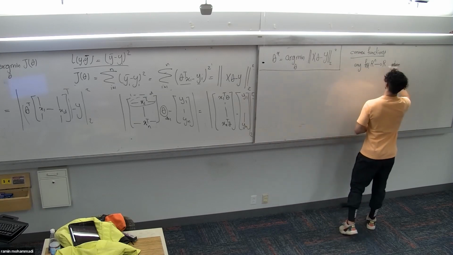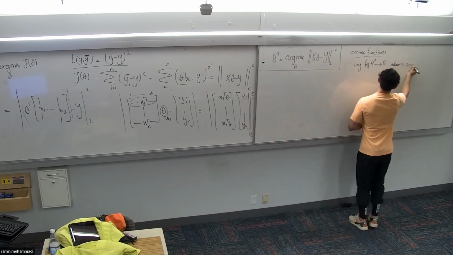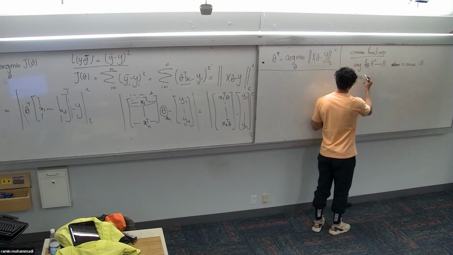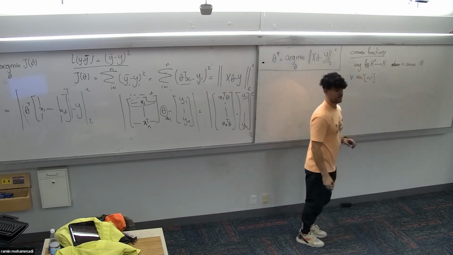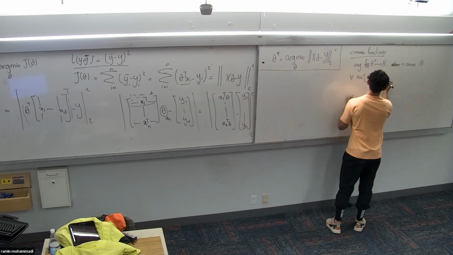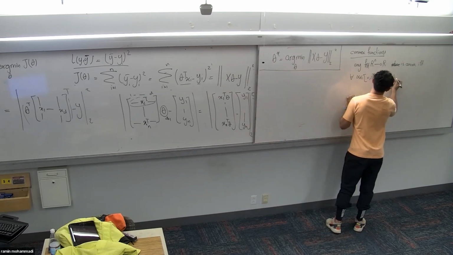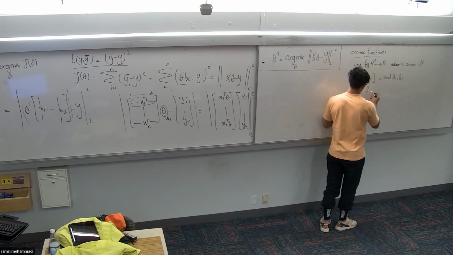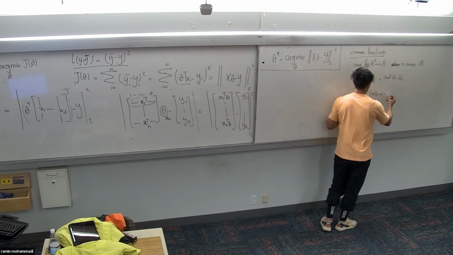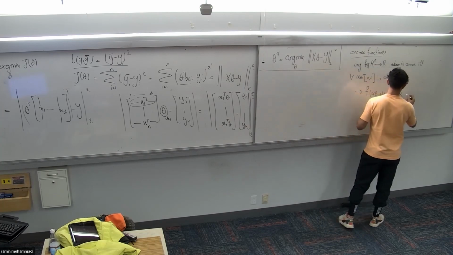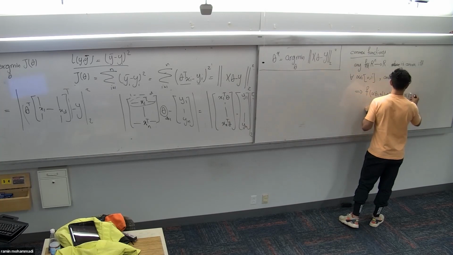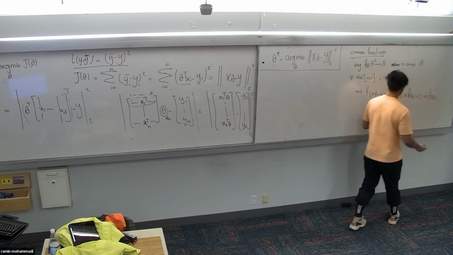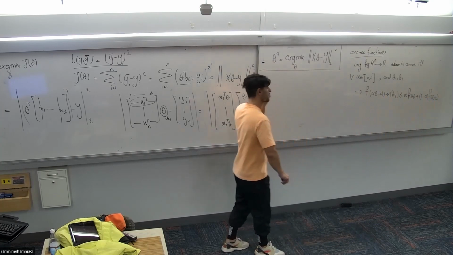Any function is convex if and only if, for any alpha in the range 0 to 1, and for any theta 1 and theta 2, you get the following: f of alpha theta 1 plus 1 minus alpha theta 2 is less than or equal to alpha f of theta 1 plus 1 minus alpha f of theta 2.